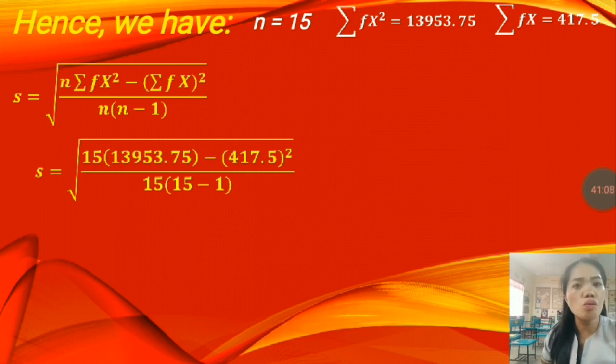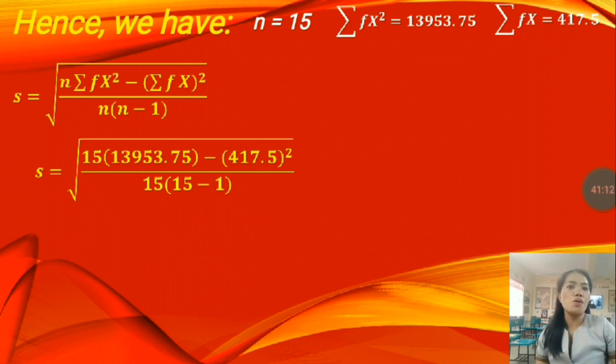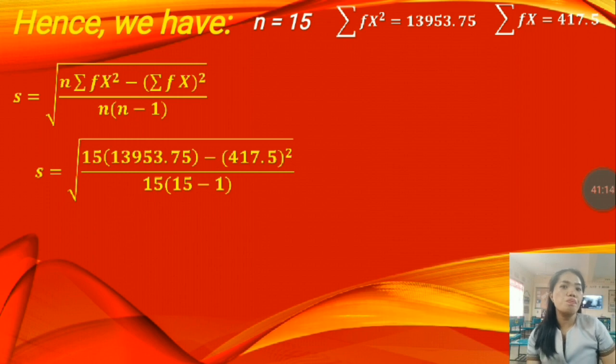Our summation of fx squared is 13,953.75 minus our summation of fx quantity squared. Our summation of fx is 417.5. Then our sample size again is 15.